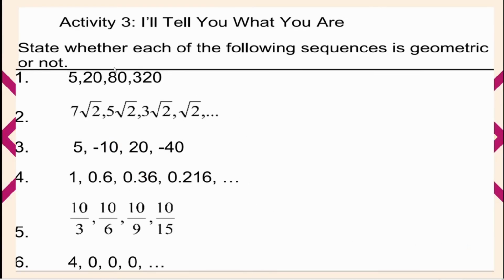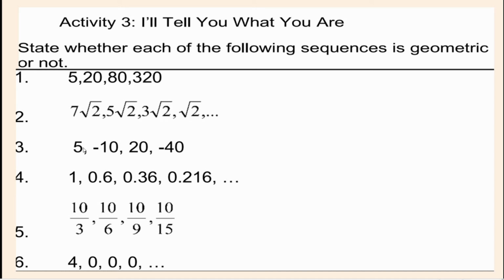Our next task is "I tell you what you are." State whether each of the following sequences is geometric or not. So we have here 1 to 6. For number 1, we have 5, 20, 80, 320. Number 2, 7 square root of 2, 5 square root of 2, 3 square root of 2, square root of 2, and so on.